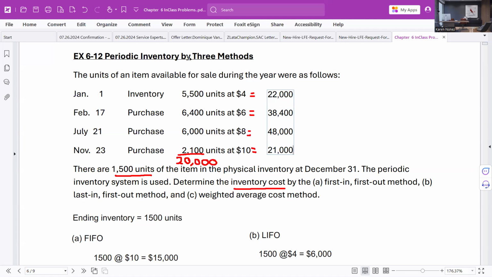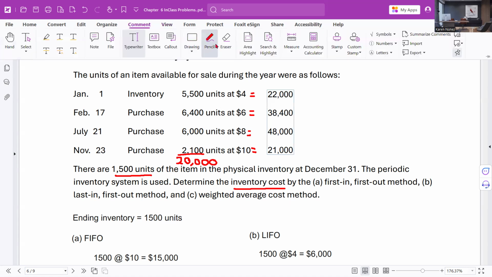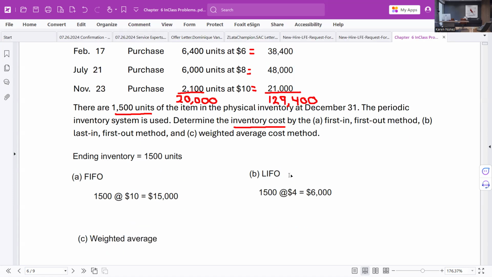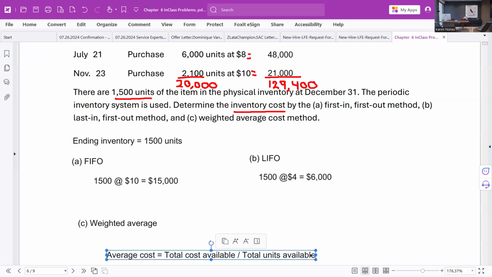And let's put it all together now. We want a total. We want to know what the total cost is available for all these units. Well, that's $129,400. So the total cost available is the $129,400.